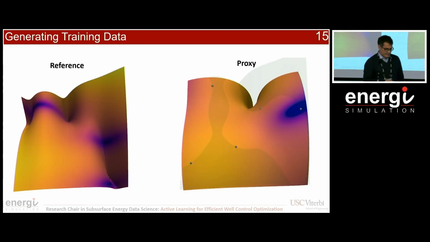What you will see is a reference case in a simple problem, and a proxy that is based on 5 simulation runs. I'm going to increase the number of data points and see what happens to what the machine learning is trying to give us as a solution to this response surface.